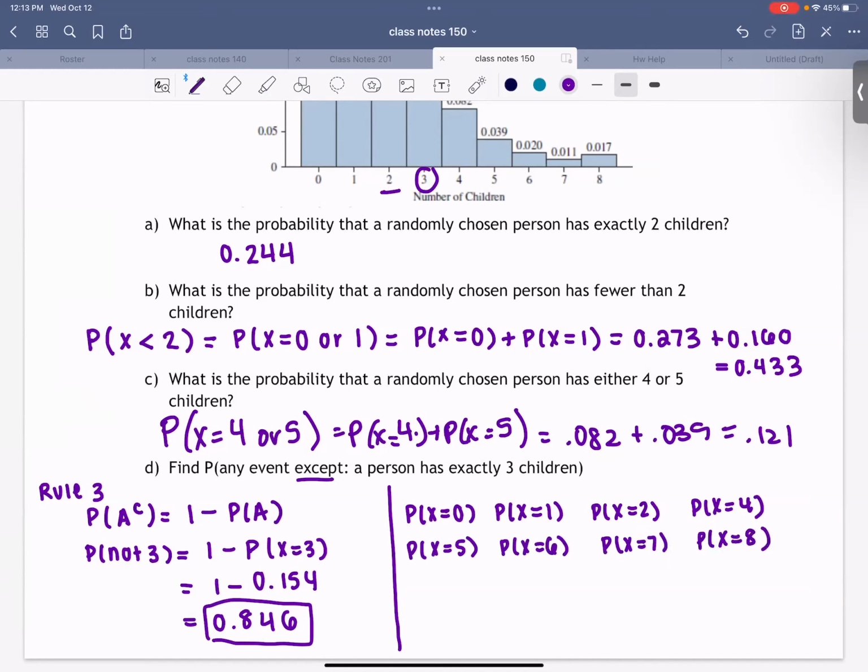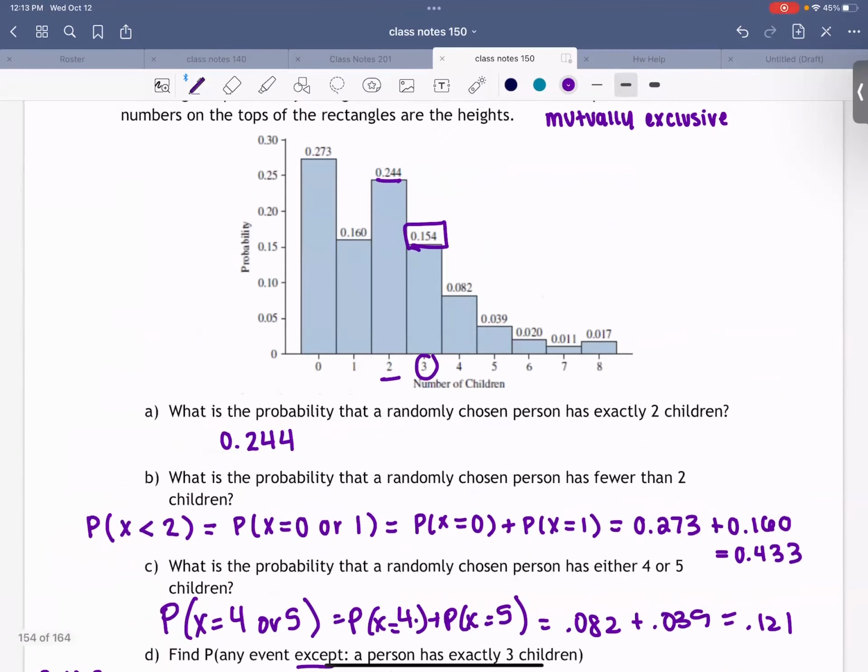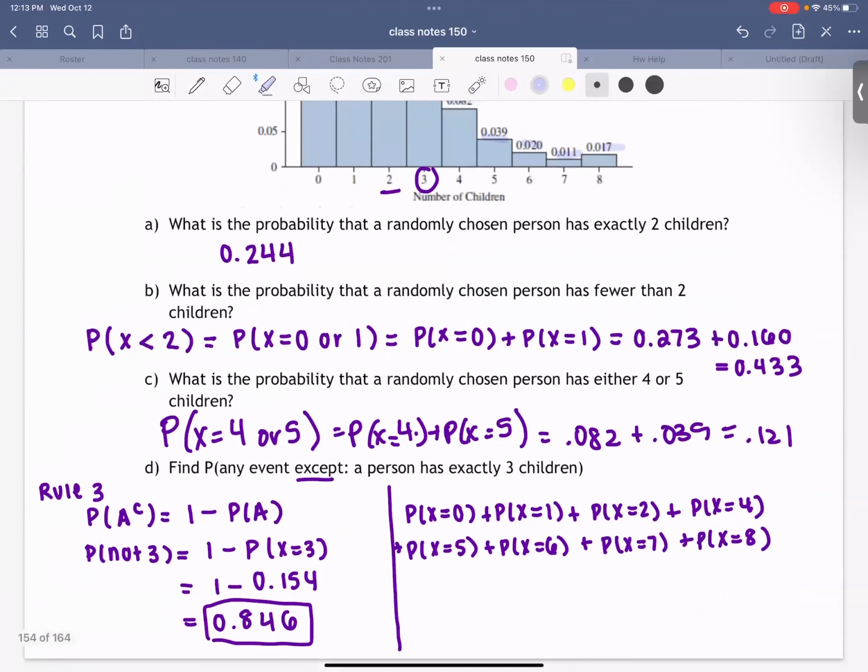And what did you do to these probabilities? Yeah, right. You can add all of these up. So let me add all of them together. So basically you took all the numbers on top of here, except for 3, and you added them together. And did you get the same answer, Jules?